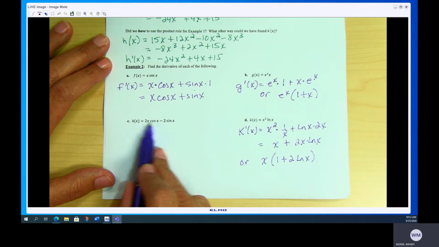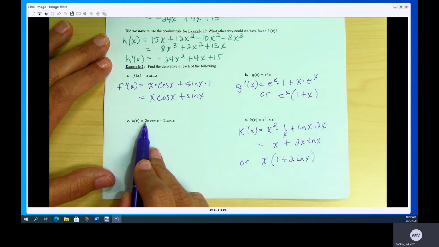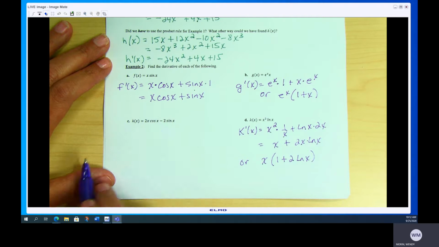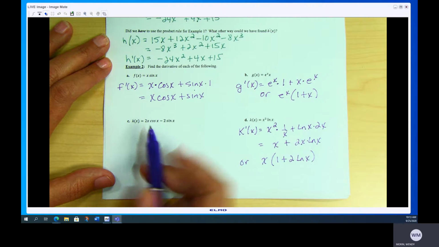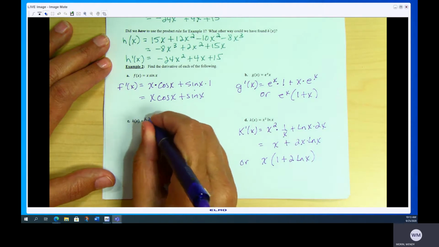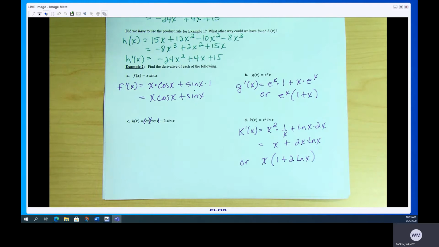But the difference between this one and this one is we could use this as our first function and use it in our product rule, which makes the problem easier than if you multiply your product rule by 2 after, which is going to be a little bit more work. So my suggestion here is if you can put your coefficient with one of your factors, then this would be our first function and this would be our second function for the product rule.